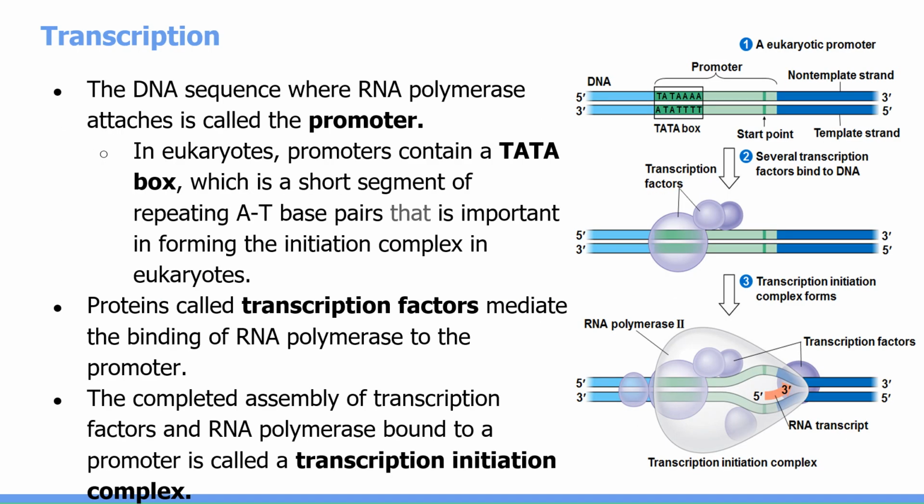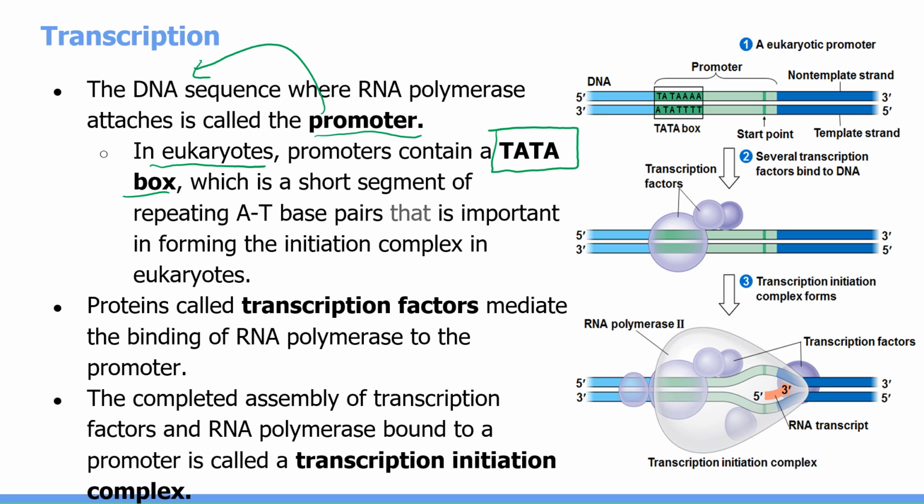In both prokaryotes and eukaryotes, there's a promoter area. This area is where RNA polymerase attaches to, and this promoter, noted, is on the DNA. But specifically, in eukaryotes, y'all, the promoter area contains something called the TATA box. So it's just a short segment of AT base pairs that is important in forming the initiation complex in eukaryotes.